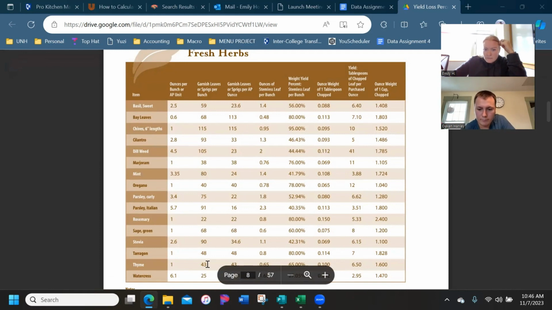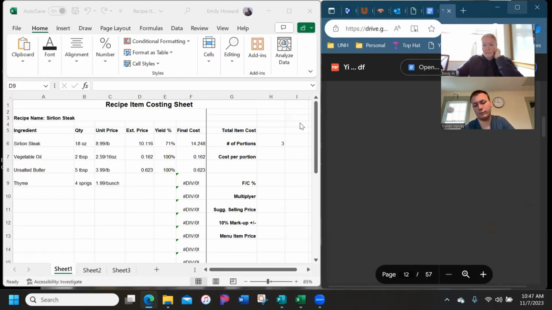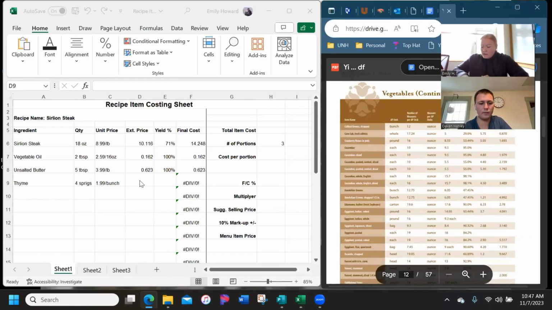But I'm pretty sure your yield's going to be 100 because you're using the whole sprig. So you would want to do your price divided by 43 times 4. Basically 1.99 divided by 43 is your average sprigs per bunch, times 4.